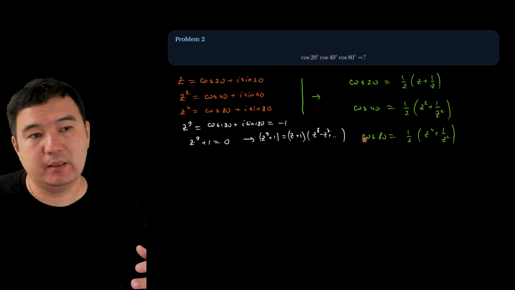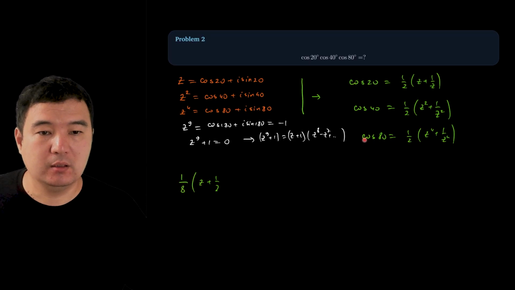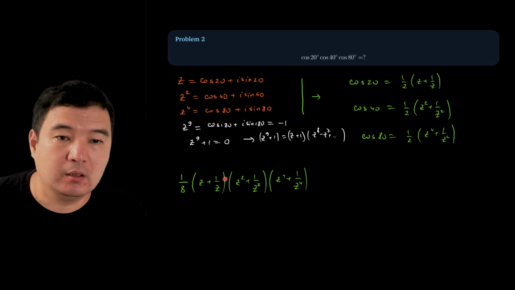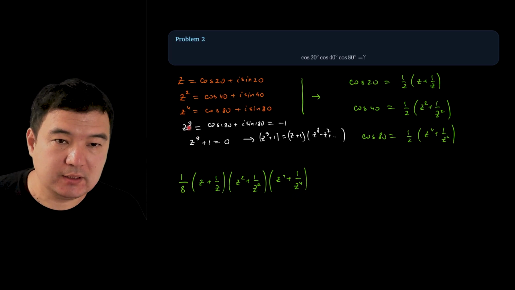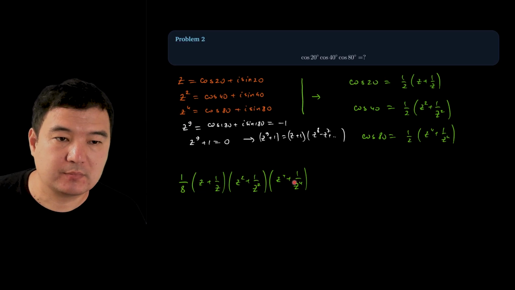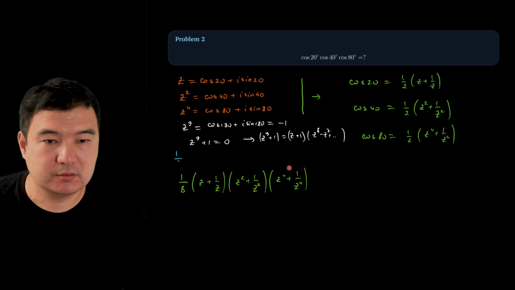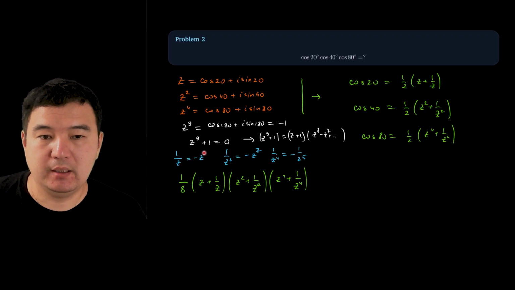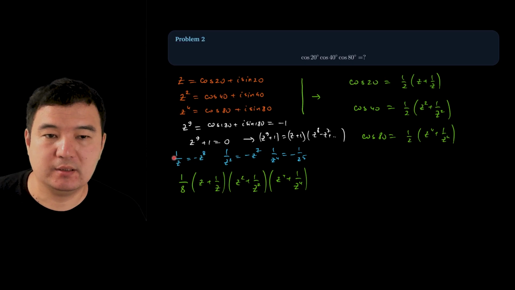If you multiply these three expressions, the 1/2's make 1/8, and then the product of these three expressions. Using the first property, z^9 is -1, we can get rid of these fractions. That's another trick: 1/z is equal to minus z^8, because if you multiply both sides by z, you get z^9 is -1.